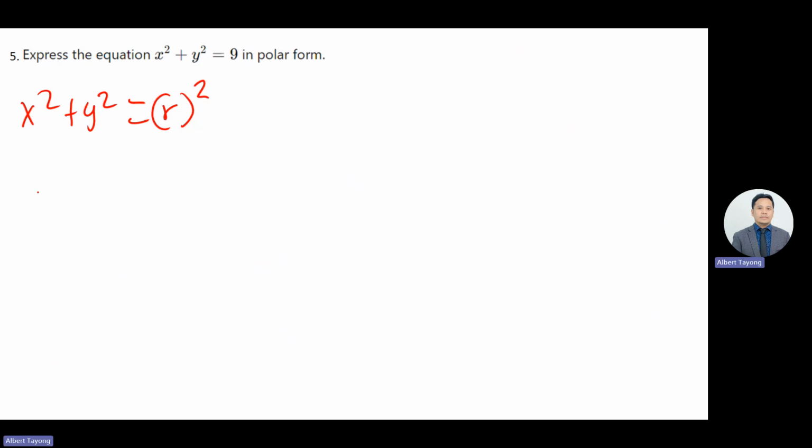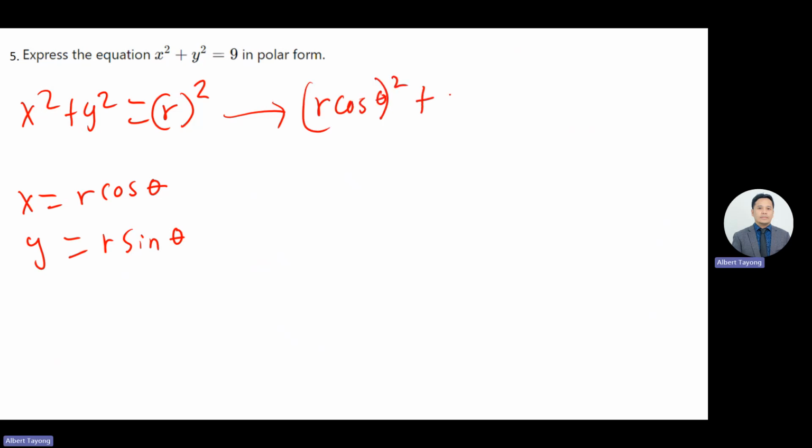So the formula, as I mentioned, is this: x is equal to r cosine theta and y is equal to r sine theta. So you can replace it. This is r cosine theta squared plus r sine theta squared equals r squared.